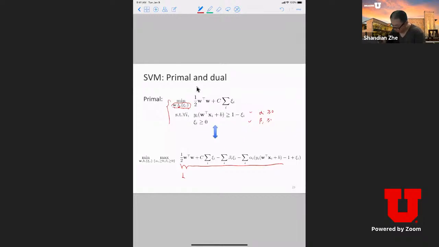So now the question is, why should we put a minus sign here? This part is our original objective function, copied from here. But what about the second term? Why do we put a minus sign in front of the remaining terms? Any thoughts?